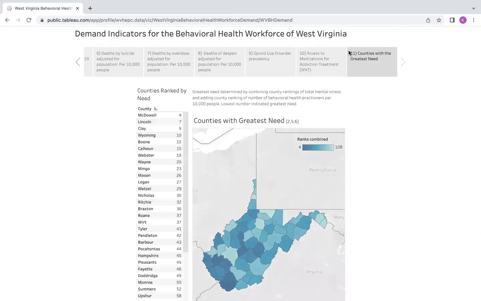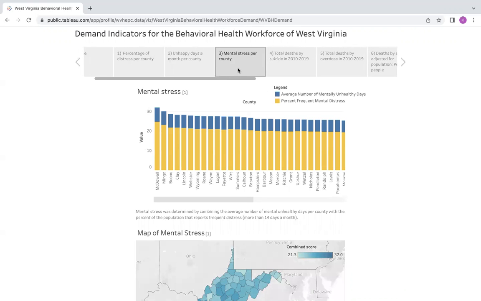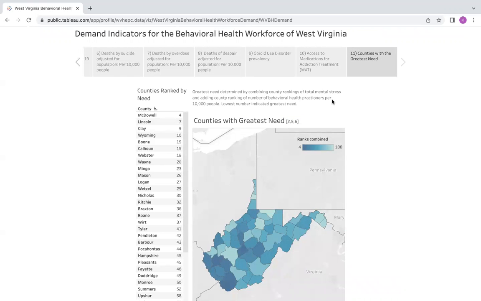Bringing it all together in this last sheet are the counties with greatest need. These counties were found by ranking the mental stress per county that we found here at the beginning of the dashboard, with the Behavioral Risk Factors Surveillance System, and also ranking the counties per behavioral health workforce adjusted for population.